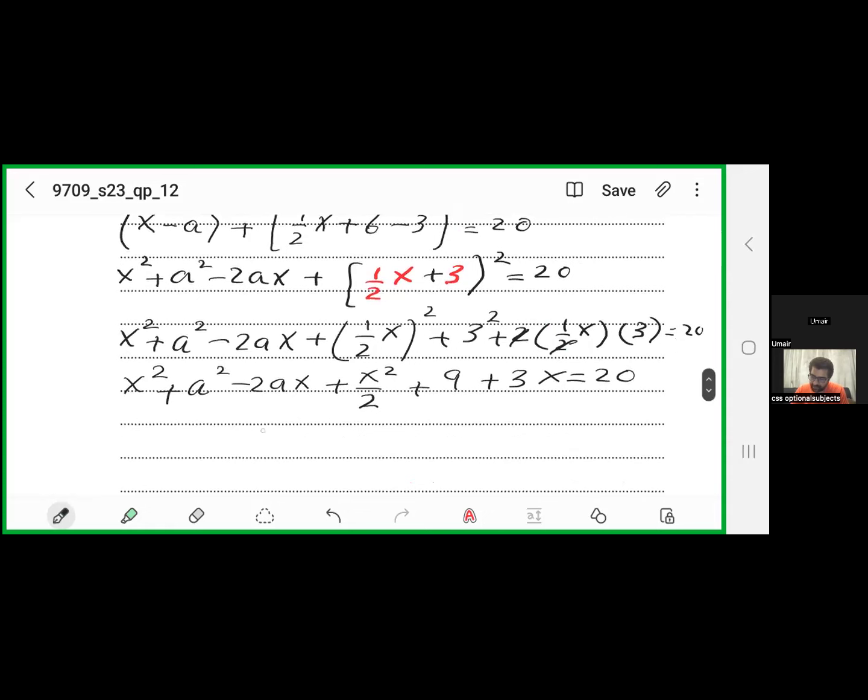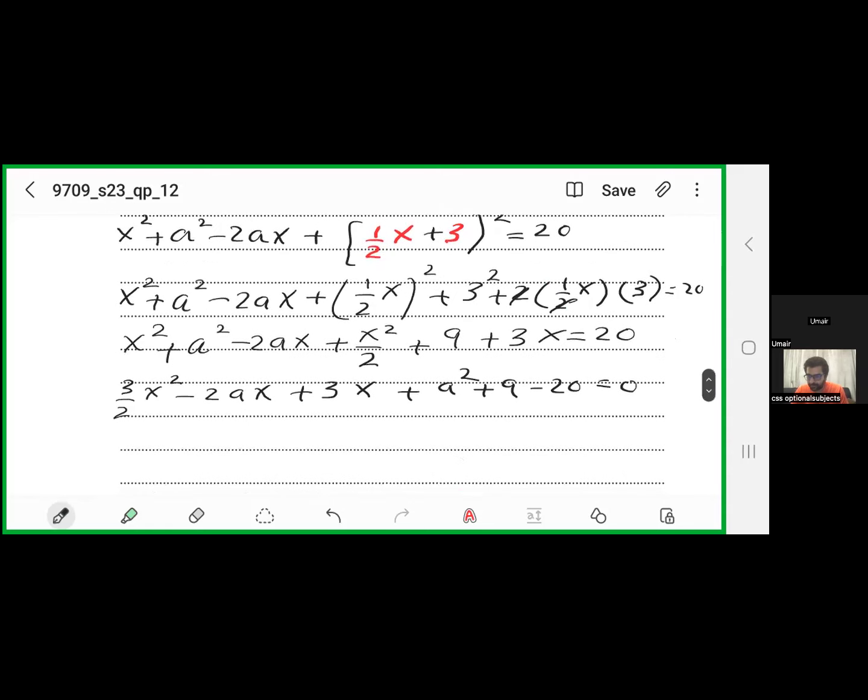Combining the like terms, x square plus x square by 2 is 3 over 2x square minus 2ax plus 3x plus a square plus 9 minus 20 is equal to 0. I am trying to make a quadratic equation out of it.